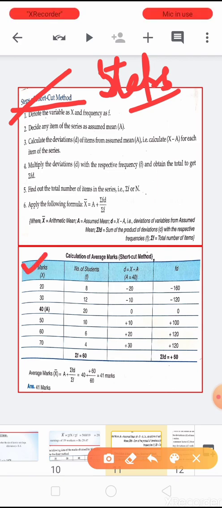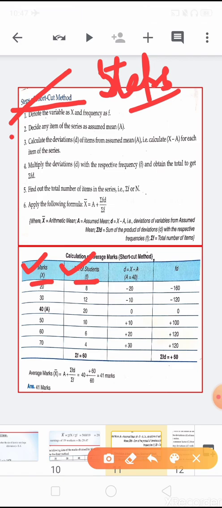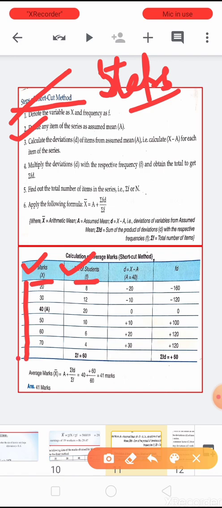The same as we have done, the marks we represent with x, the number of students, the frequencies, with f. Second is to decide any item of the series as the assumed mean. So you need to decide any item. Like 20, 30, 40, 50, 60, 70, these are all the variables given to us. It's all up to us, we can assume any value.